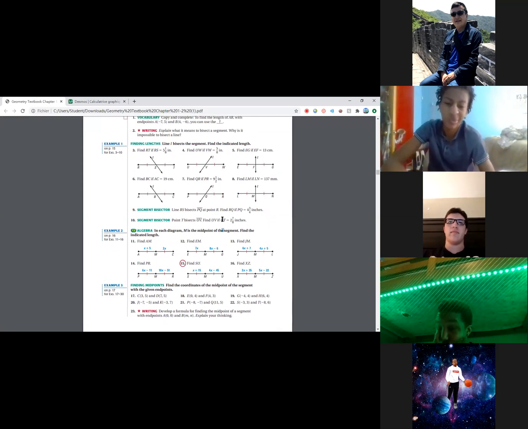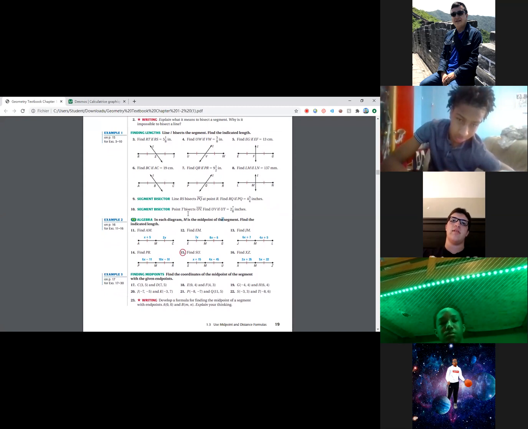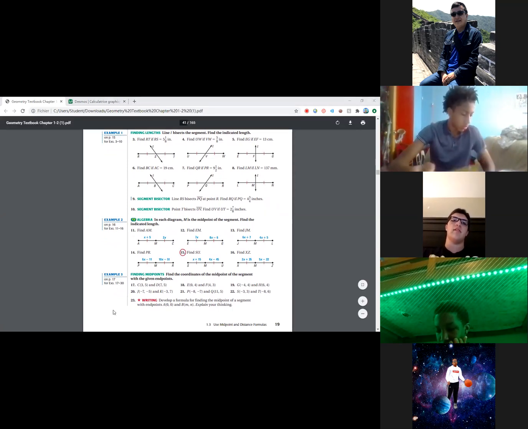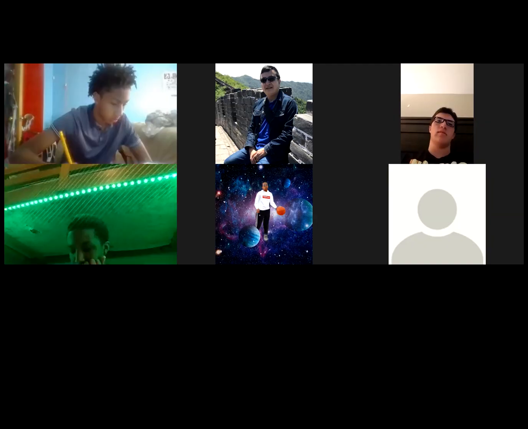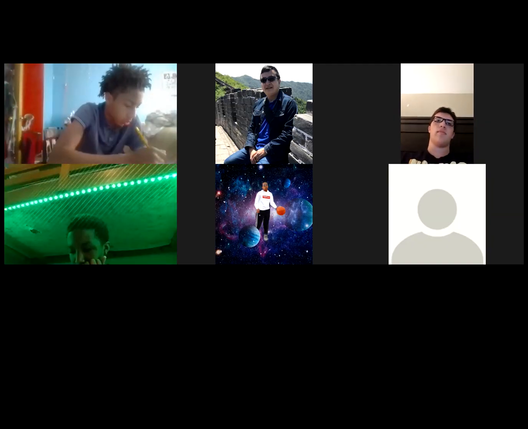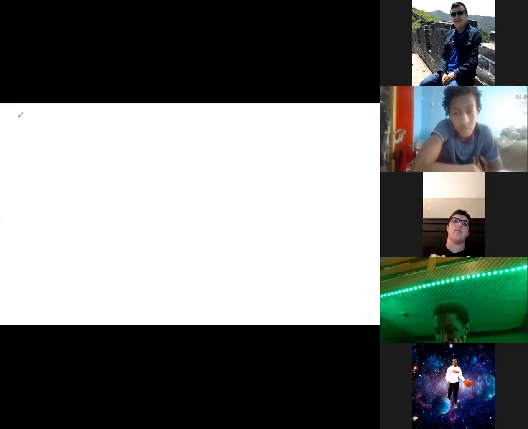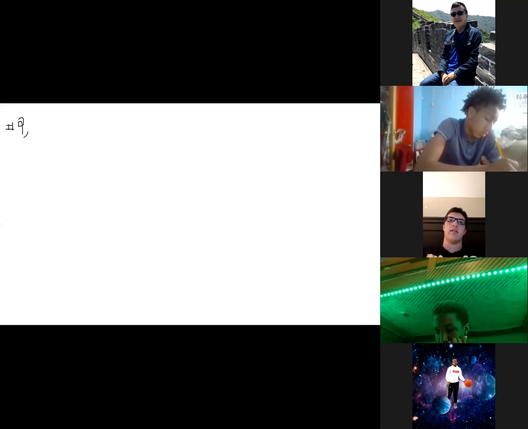Cool. And then I'm going to give you 9 and 10, it looks like it's the same concept. Let's say I'll create a whiteboard so you guys can see what problems I'm giving you to do. So I'll give you number 9. And let's see what else is on here. Each diagram M is the midpoint of the segment.